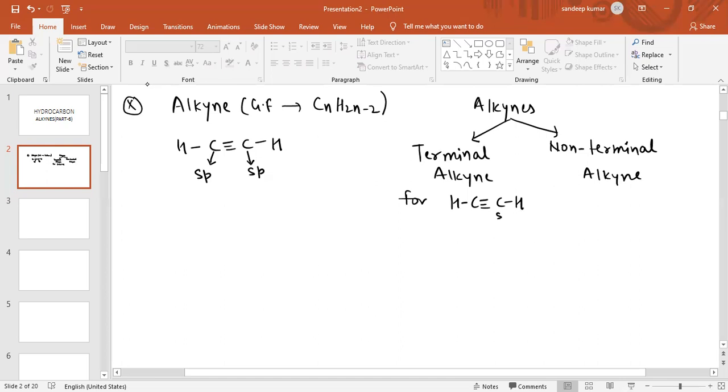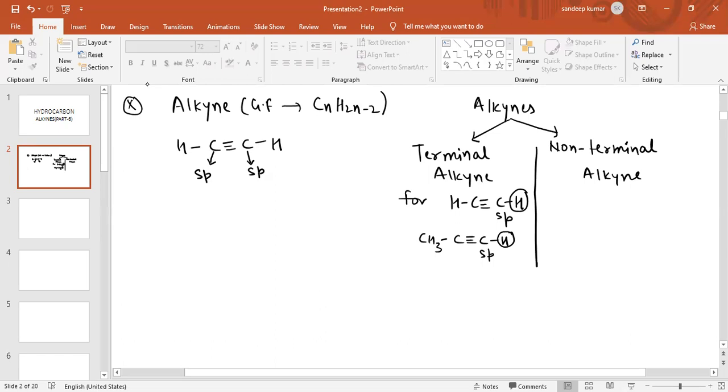In this case, hydrogen is attached to an sp carbon, so it is a terminal alkyne. Also CH3 C triple bond CH, in this case also hydrogen is attached to an sp carbon, so these are all terminal alkynes.